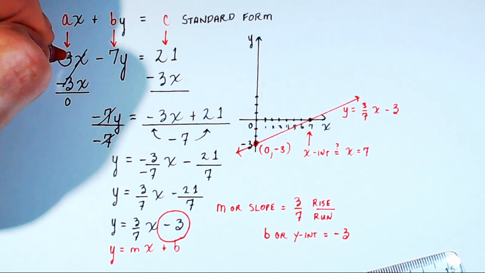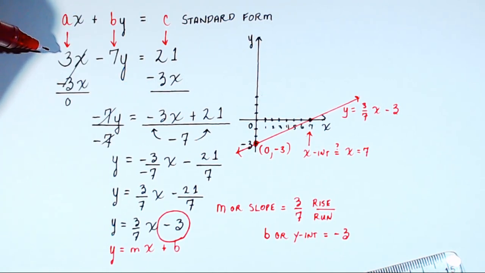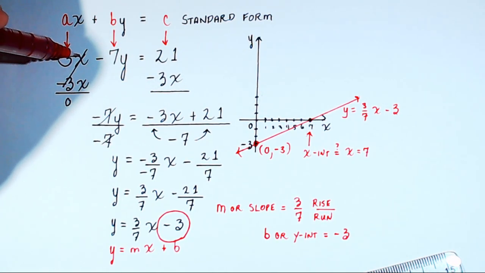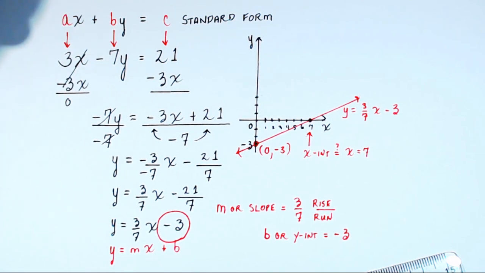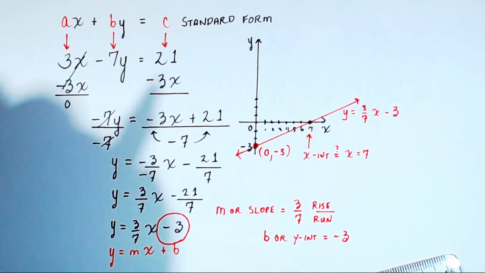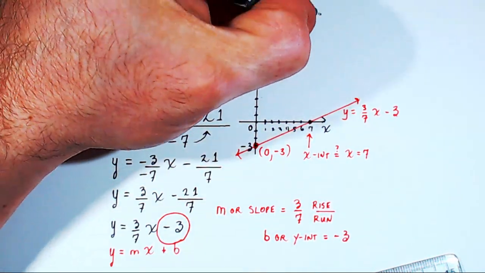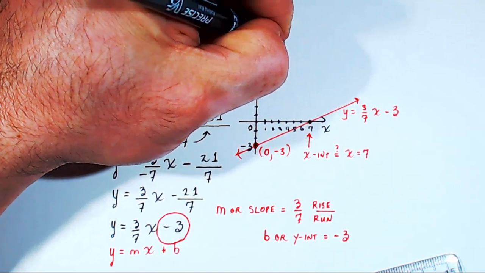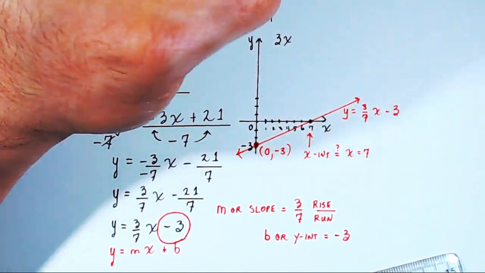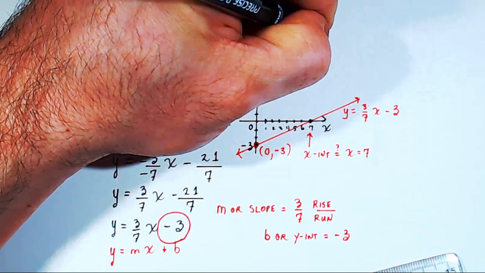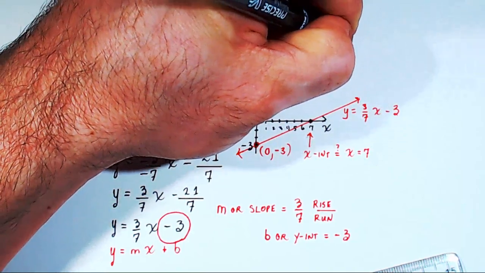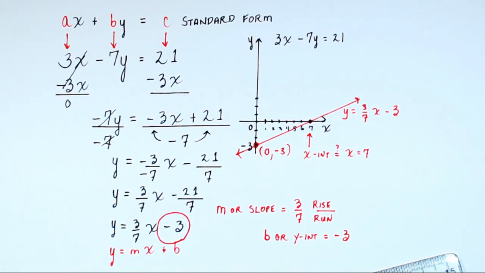Let us assume, in our standard form equation, that x equals 0. Remember, our standard form equation was 3x minus 7y equals 21. So this is kind of the shortcut.